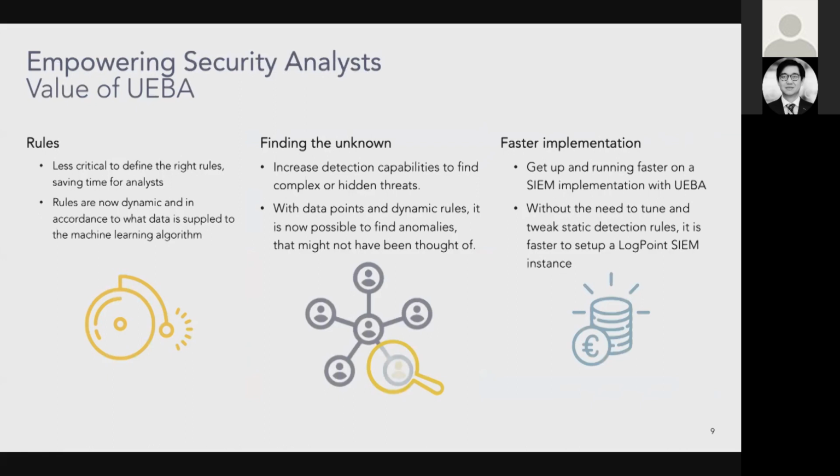It is a very fast implementation if you compare it to other vendors where you would need to start doing the data mapping, so that the SIEM product itself has to map what is a user ID versus the UEBA module. What is it called there? Is it called a SAM account? Is it called a UID? Is it called name, display name, whichever? So that taxonomy, we've already done that. It's already in the LogPoint solution.